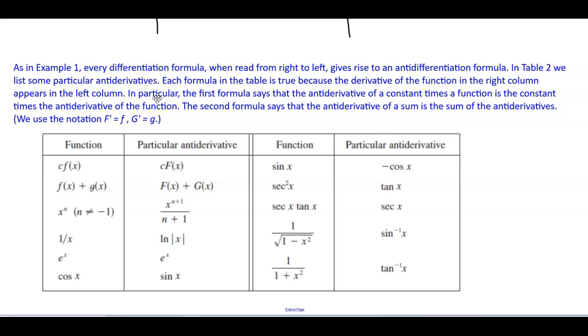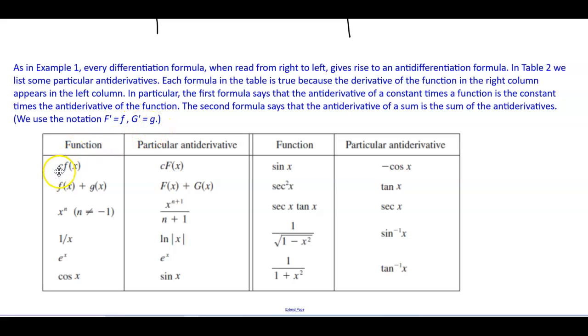In particular, the first formula says that the antiderivative of a constant times a function is the constant times the antiderivative of the function. The second formula says that the antiderivative of the sum is the sum of the antiderivatives, and we use the notation capital F prime is equal to lowercase f, capital G prime is equal to lowercase g.